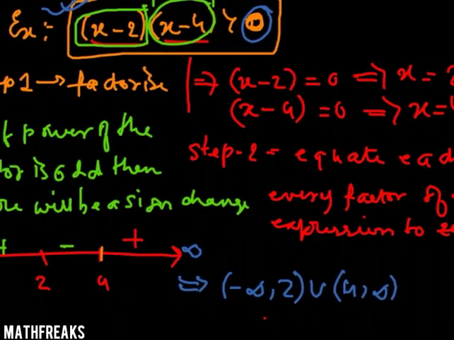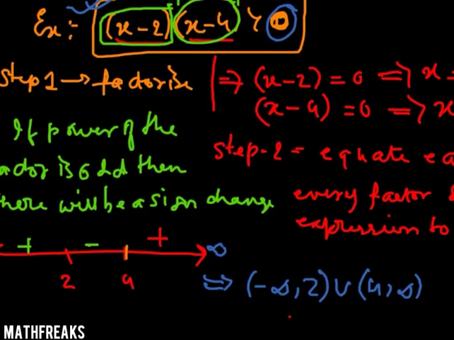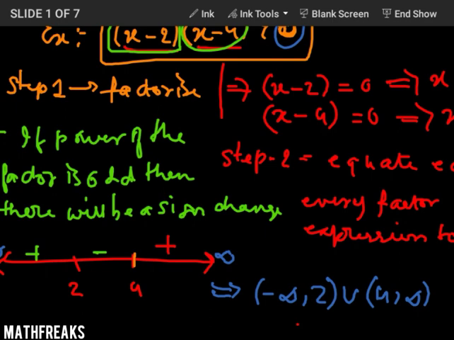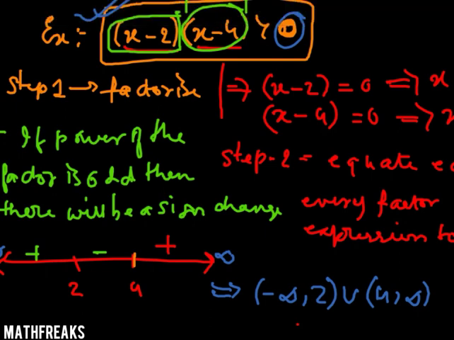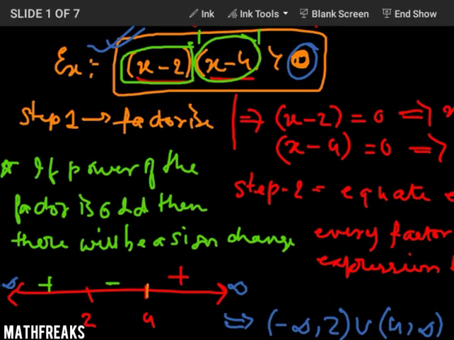So now let's see what happens if we take a value in between, in the negative region. See, I'm telling you again, since this whole expression is greater than 0 or positive, we have to take the set of values that is in the positive region, that is from 4 to infinity and minus infinity to 2. Now let's see, what if we take a value in the negative region?